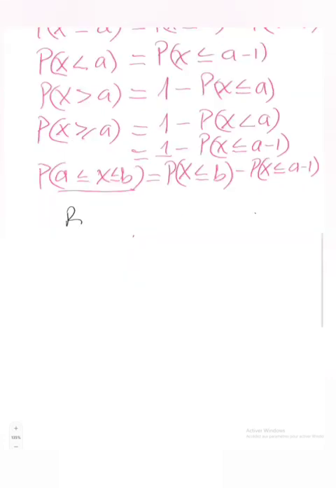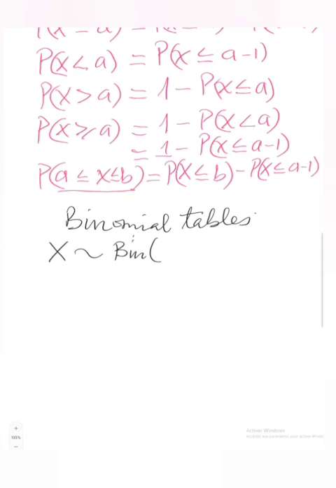Now, in the case of binomial tables, consider a binomial distribution with parameters 10, half. If I have to do calculations with a binomial distribution that has 10 and a half as the parameters, you can see the table, cumulative binomial probabilities.